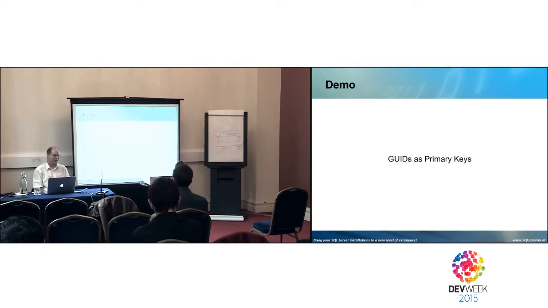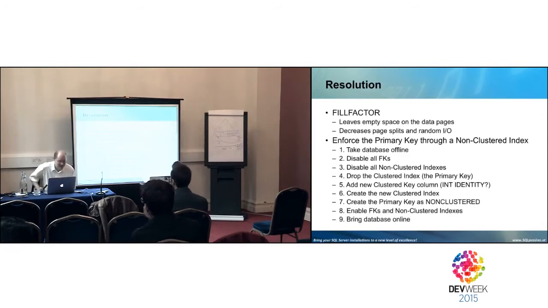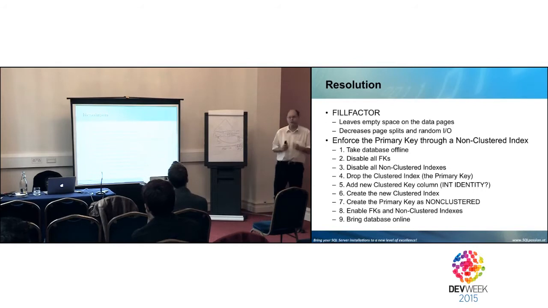Use an int identity column, or as we will see later, we can also enforce the primary key constraint with a unique non-clustered index, and we can physically pre-sort our table on a different column. When we have an existing database where we see a huge amount of page splits because of the unique identifier, we have two different options.